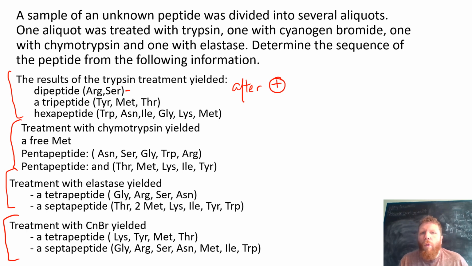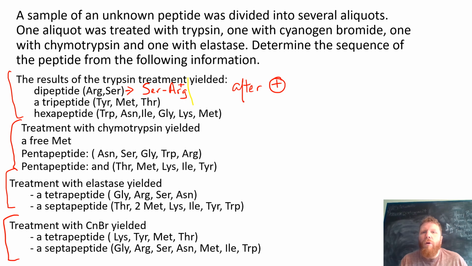Ultimately, though, we only have one option, and that is this dipeptide is sequenced SER-ARG. How do we know that? Well, we know that because arginine is a positively charged residue, and trypsin is going to cut whatever peptide bond exists after arginine.